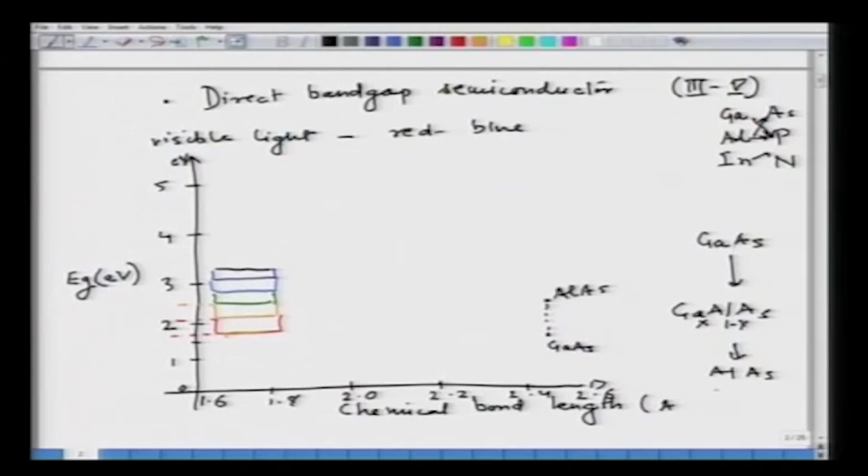Over here X is 100% and here it is 0%, and by changing this composition I change the emission from this material all the way from infrared to the red region.